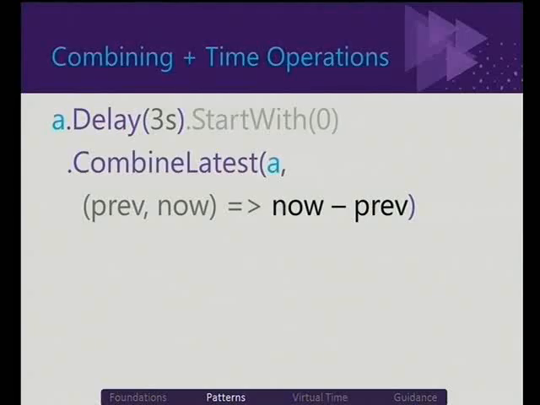Okay. We're going to take the source events A. We're going to delay all those events by 3 seconds. That's going to create its own observable, which is the same ones but delayed by 3 seconds. We're then going to combine that with the original observable.